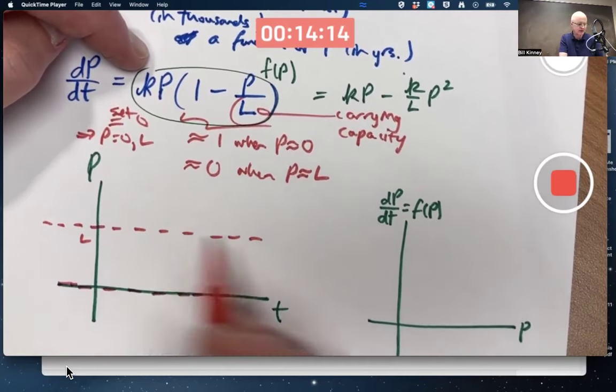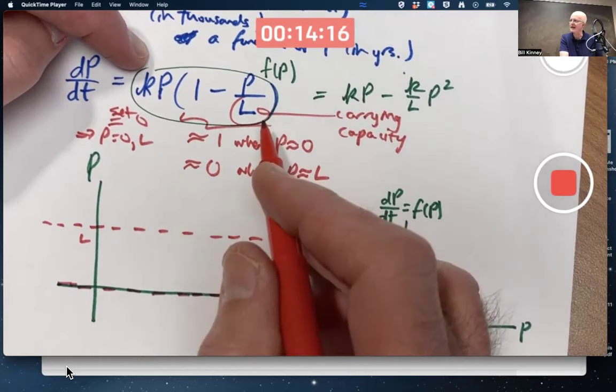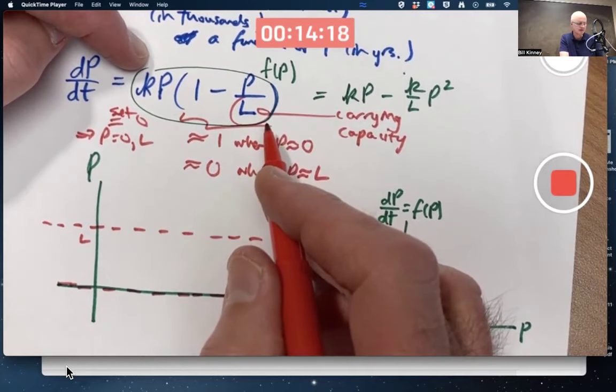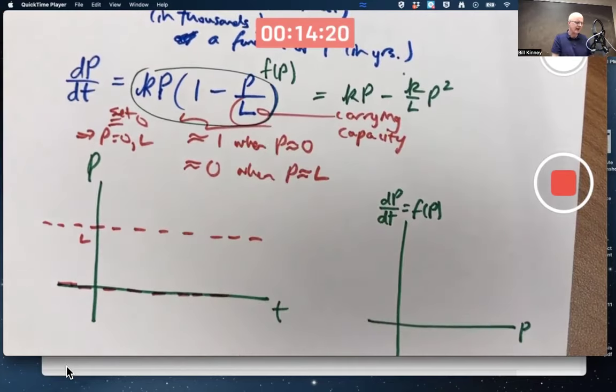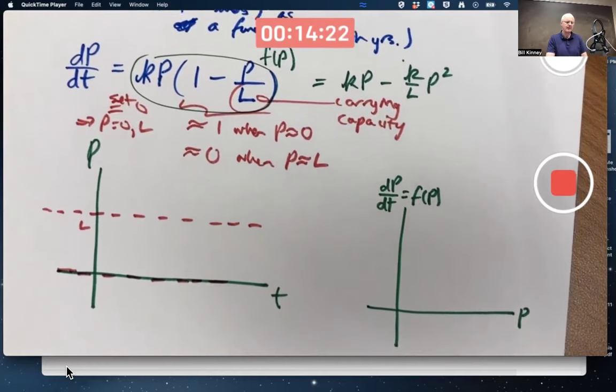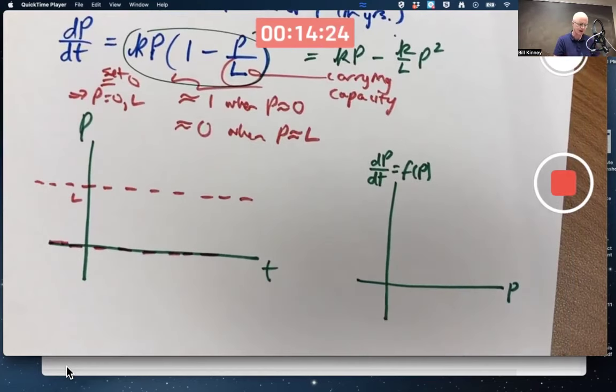And again, it doesn't matter what t is because there's no t on the right-hand side. What about other values of p? Well, maybe I'll make this graph next to help me figure it out.